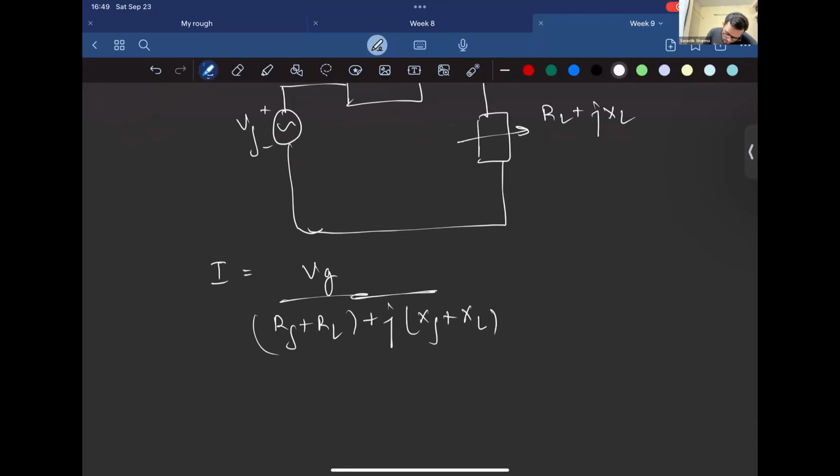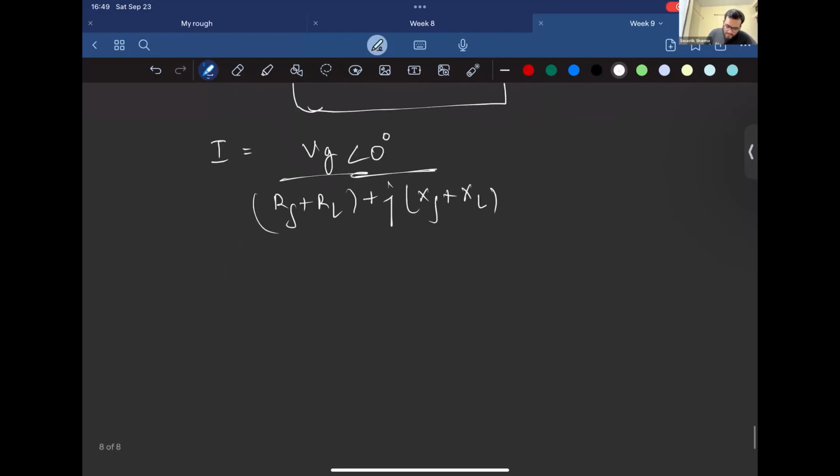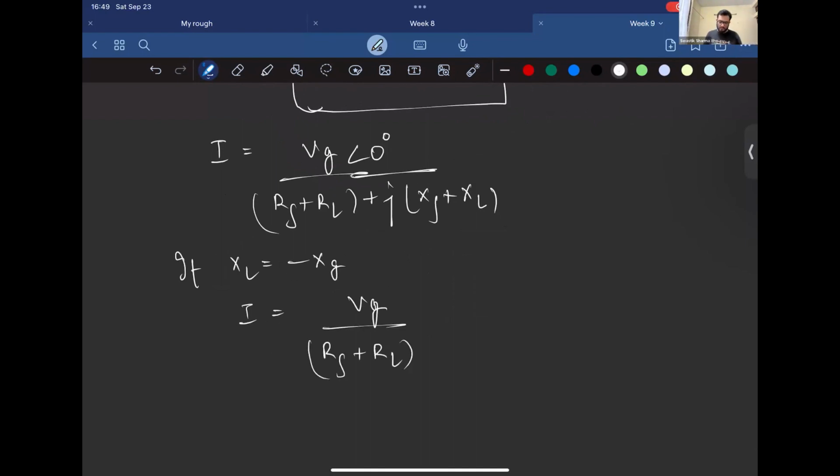In the denominator, if XL is equal to negative Xg, the imaginary term will vanish, right? So that means it's just a real value, Rg plus RL, right?